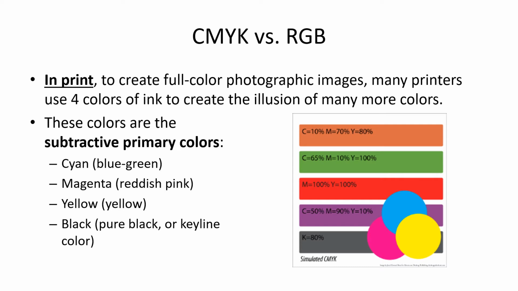If you are using a color printer to print photos, many printers use 4 colors of ink, and they create the illusion of many more colors. So in contrast to light, like on a screen where we have RGB, and they're the additive colors, these colors for print are known as subtractive primary colors.